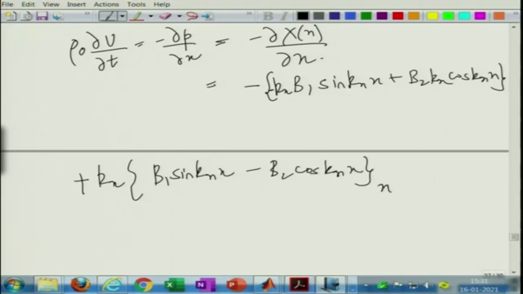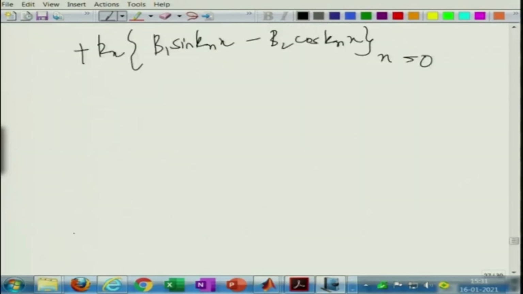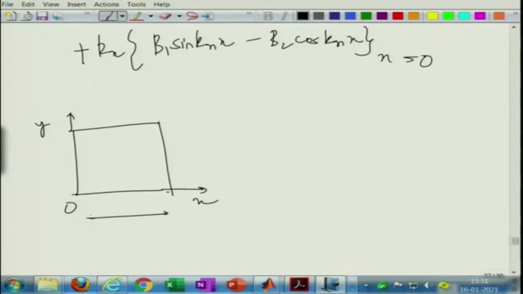So, now x is equal to 0. Now, if you remember, our cross section was something like this, x, y. So, this is 0, let me call this as breadth is b, height is h.